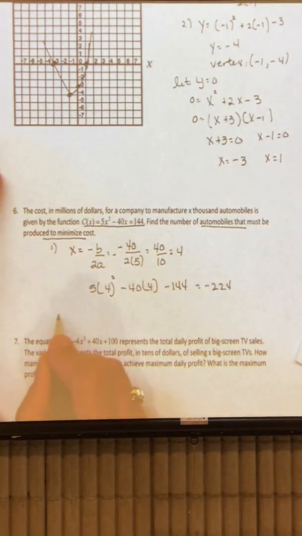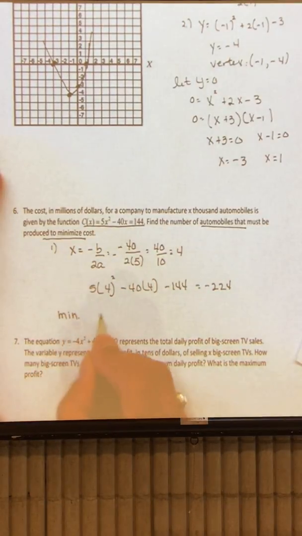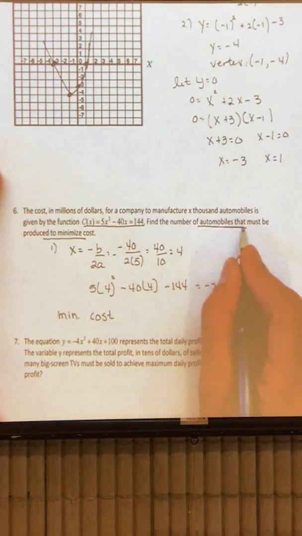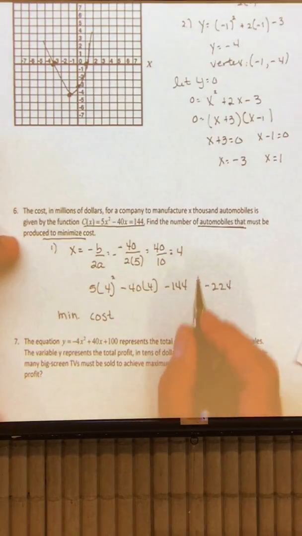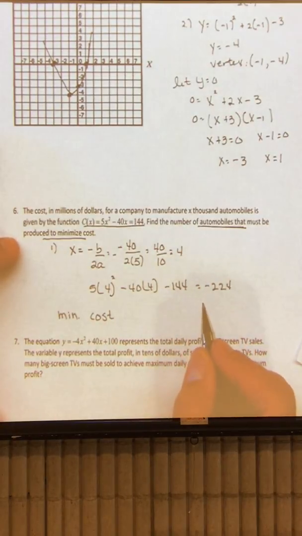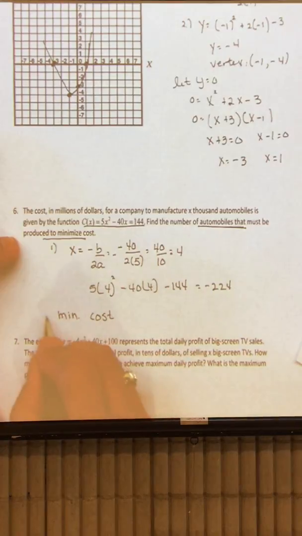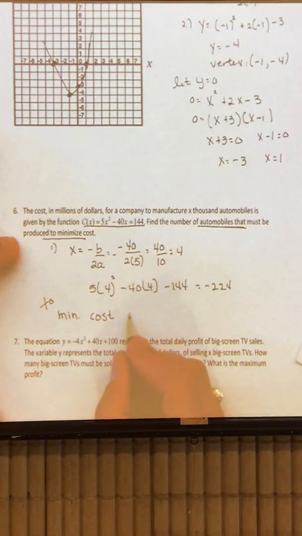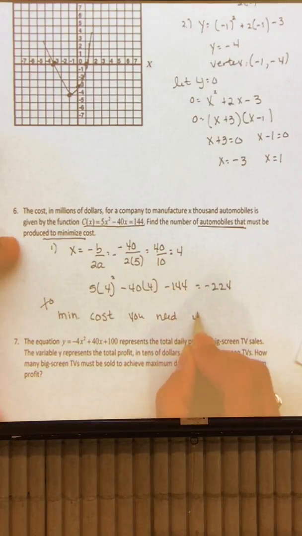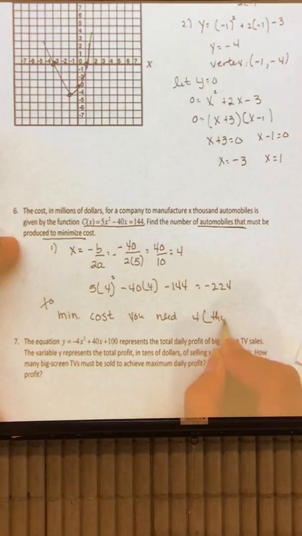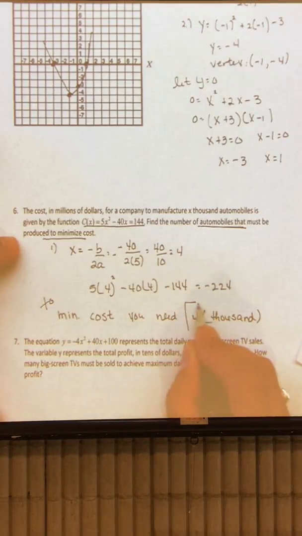Therefore, the number of automobiles that must be produced to minimize the cost is equal to 4. So to minimize the cost, you need 4, again it's in thousands, so you need 4,000 automobiles.